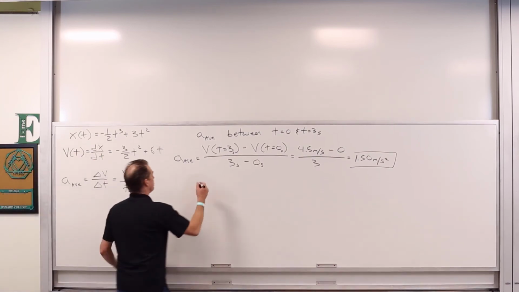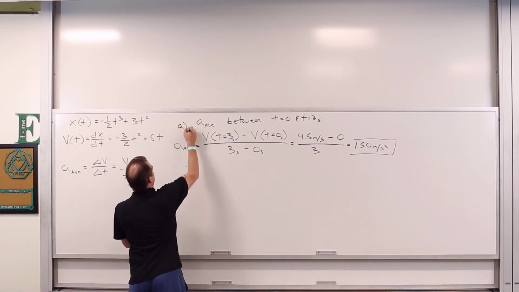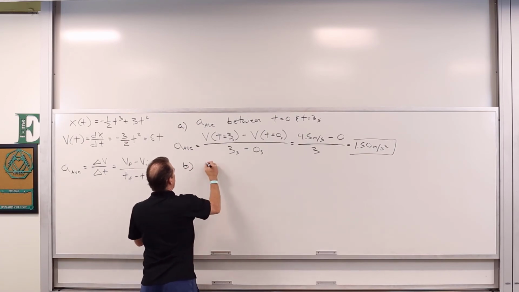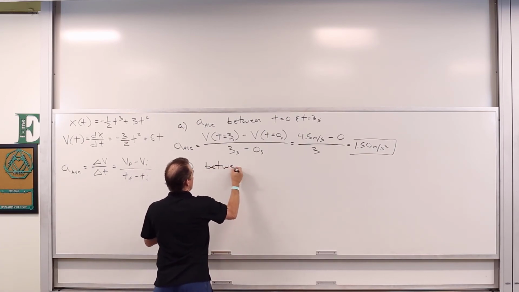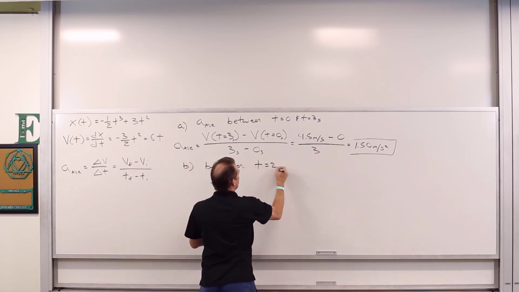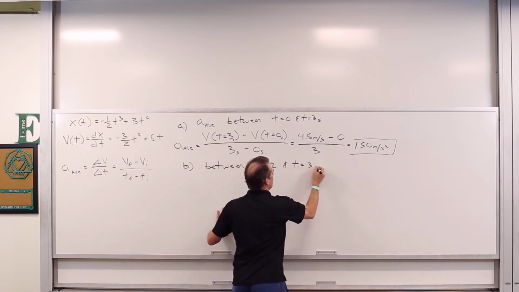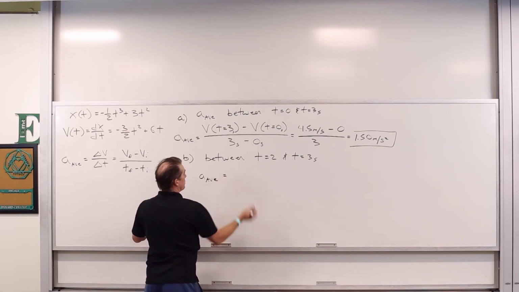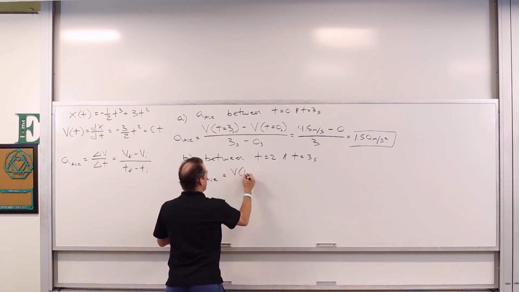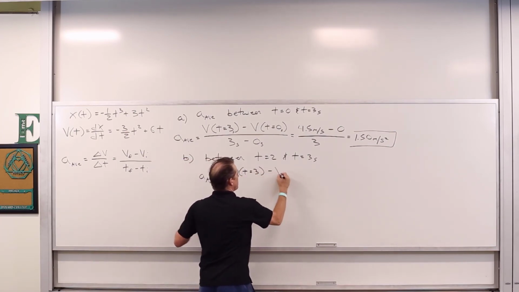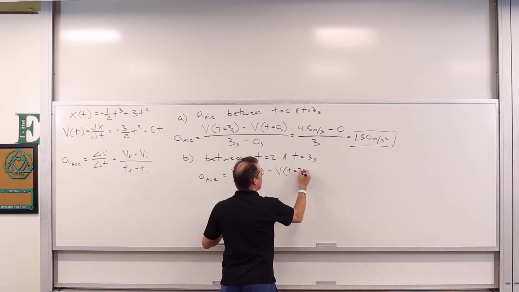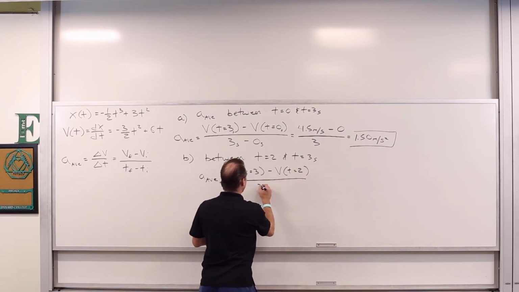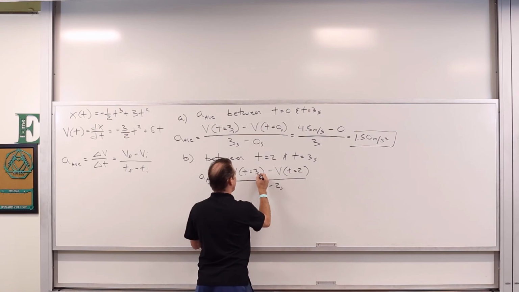Let's do it again. So this was like part A, now part B, between t is equal to 2 and t is equal to 3 seconds. So we've got ourselves A average is going to be v of t equal to 3 minus v of t equal to 2, divided by 3 seconds minus 2 seconds.